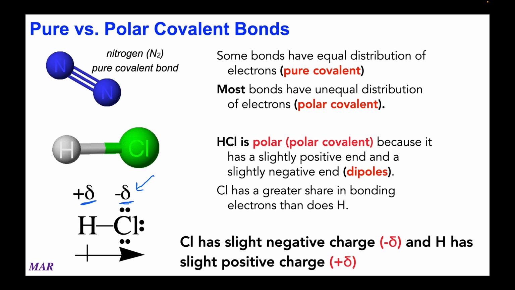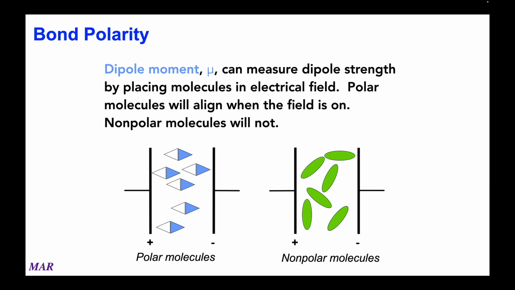They have slightly positive and slightly negative centers. Unless you have something like N2 or O2, or two atoms that are the same in a bond, most of the time you'll end up with these polar covalent bonds where you have dipoles. Now, if you have a dipole moment, that's actually a measurable amount of dipole, and this is a pretty cool thing.